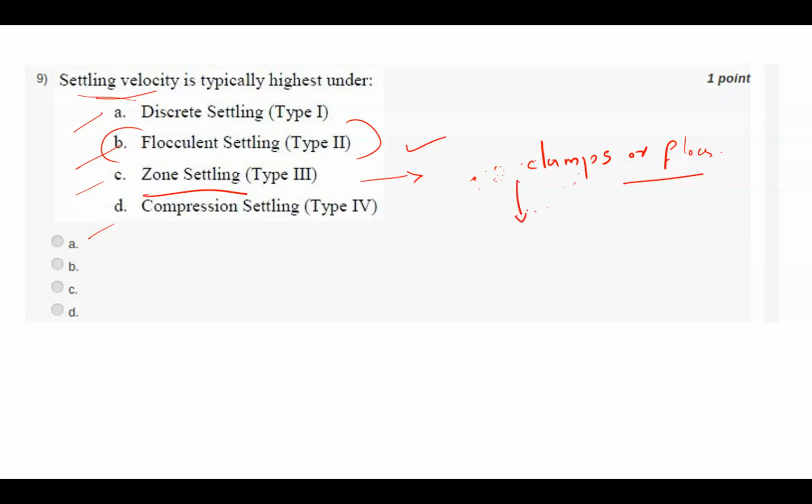When it's settling down, the speed is decided by the total clump that is formed, and not by the individual particles. So here I think individual forces also apply, but the interaction between them is not there, right? That is the difference, right?